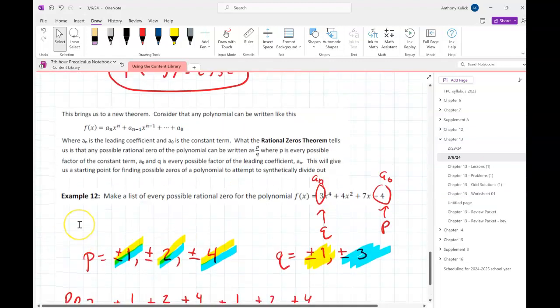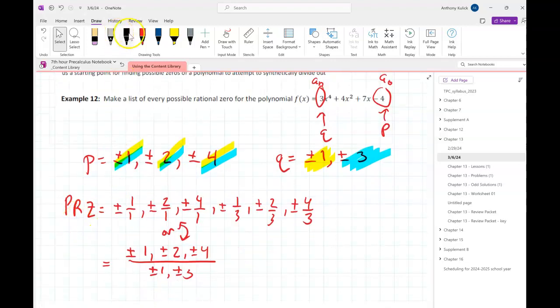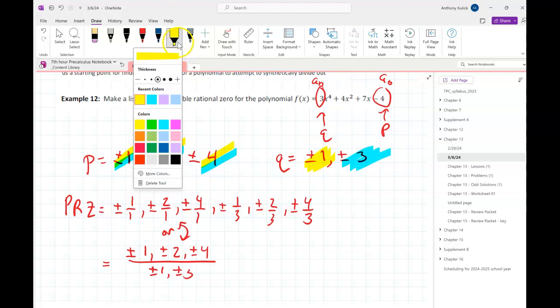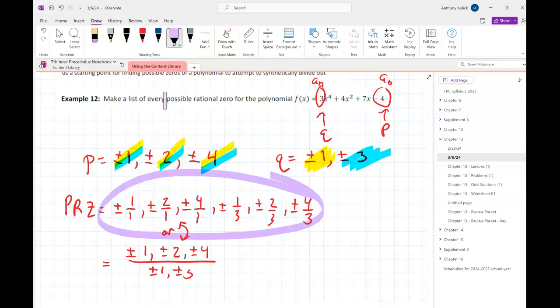So using this rational zeros theorem, I've now figured out that this list is a list of all the possible synthetic divisions that I might want to do. So what do we notice?